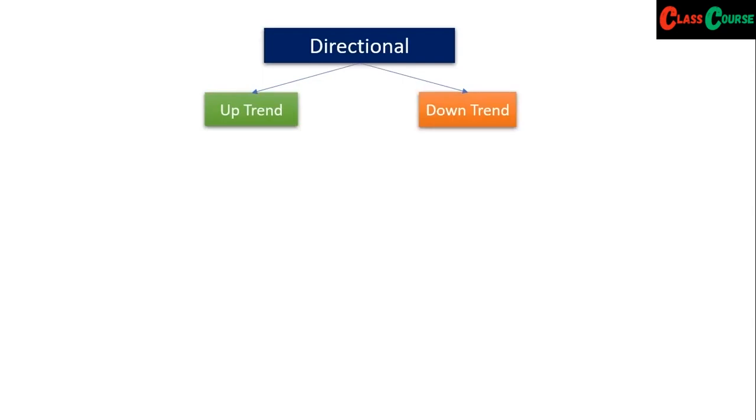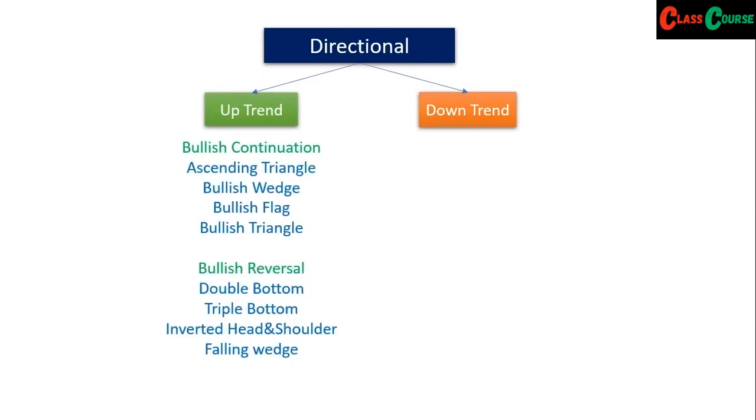Speaking about directional trading, in order to trade in the directional market, you should have technical analysis knowledge. It might be a chart pattern, it might be candlesticks, it might be anything related to technical analysis. Then only you can be a directional trader. In an uptrend market, these are the types of chart patterns you can look for in order to trade.